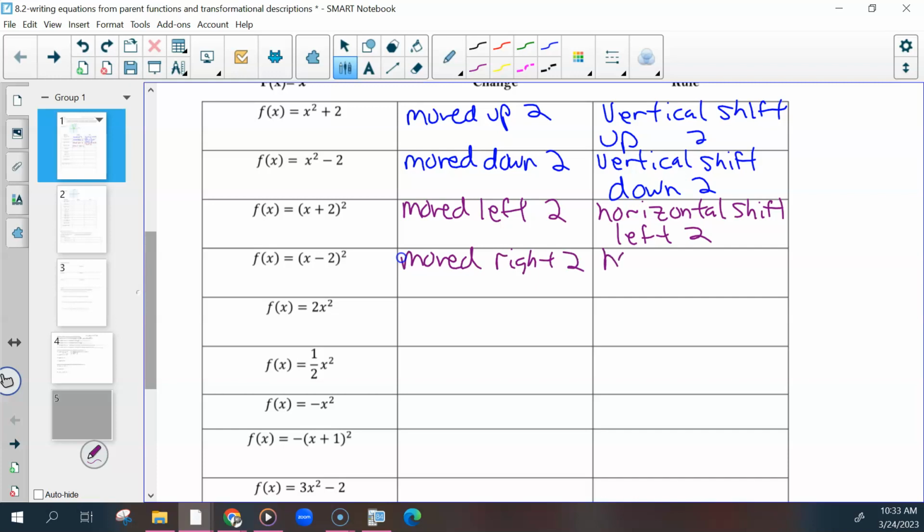So this would be a horizontal shift right. And once you have that written down, go ahead and put the next one in your calculator and see what changes, what happens with that one.